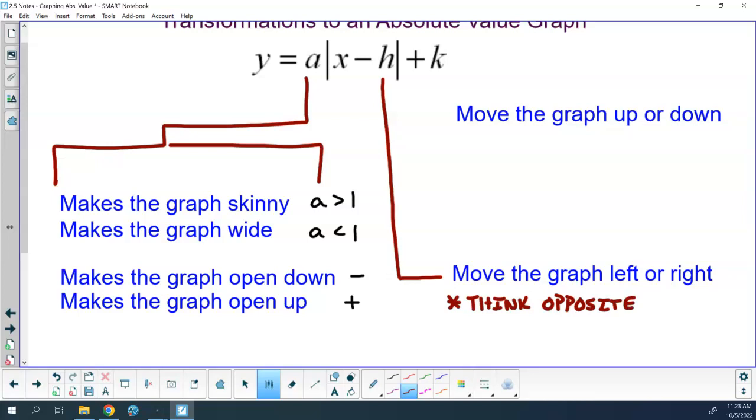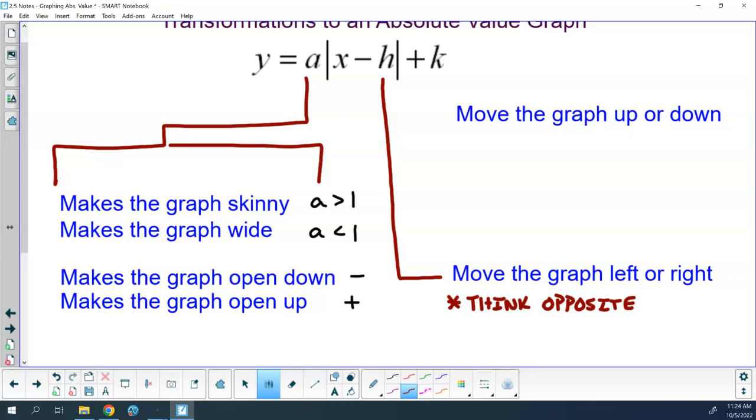Meaning, if it's x minus h inside the absolute value, that's actually a right shift, even though right is the positive direction. If it's x plus h, we shift it to the left. And that will come up numerous times throughout the course of this entire year. That opposite thinking inside a set of parentheses or a set of grouping symbols.